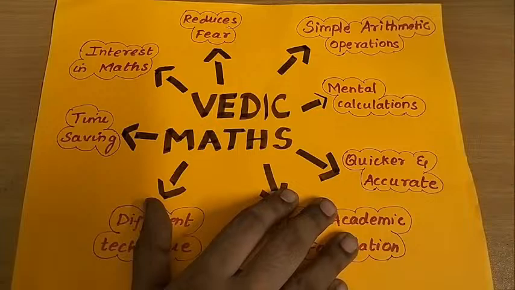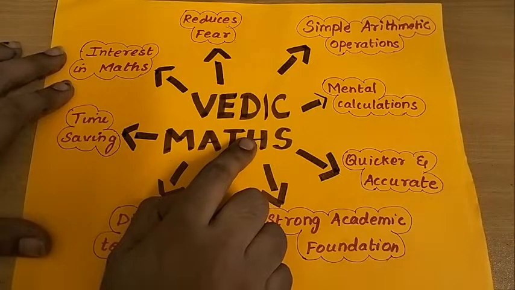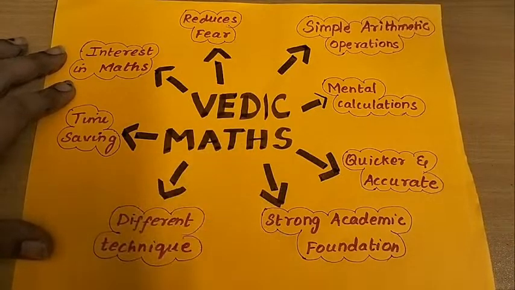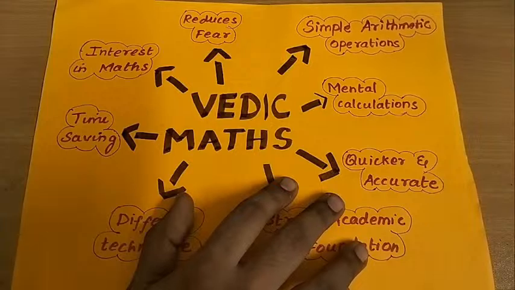For that, we can introduce Vedic maths to them. Okay, if we introduce this, if it is easy, they will be copying it in a mindful manner. So they will be using it in a proper way, and also they'll get interest and they will omit their fear. That is the main thing.